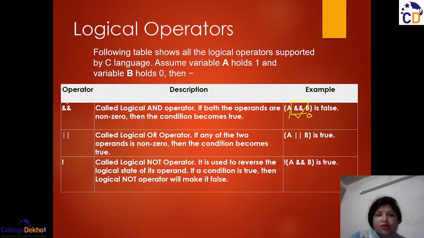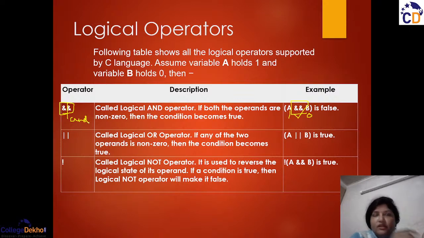If both the operands are true, then only the output will be true. Otherwise, if any one of them is 0, it is going to return false.